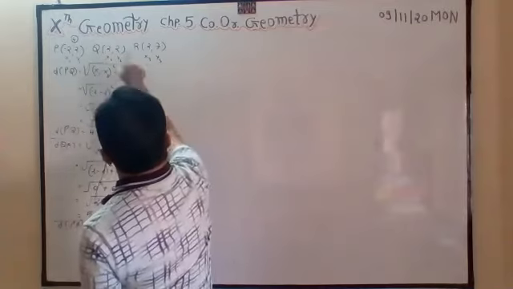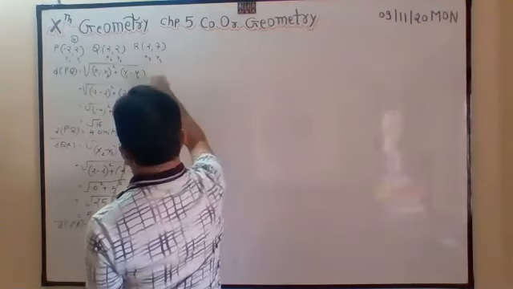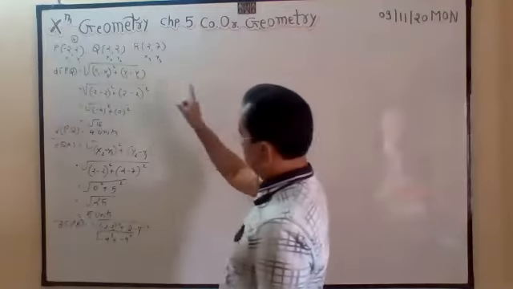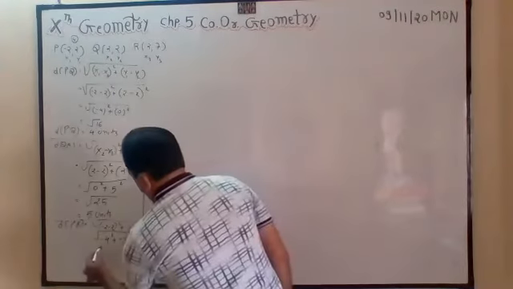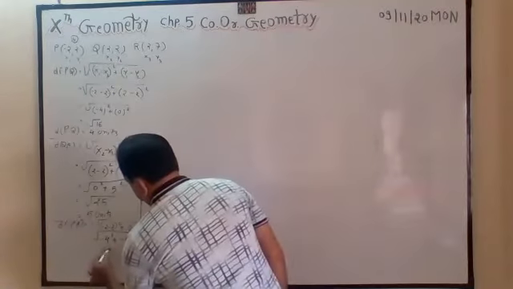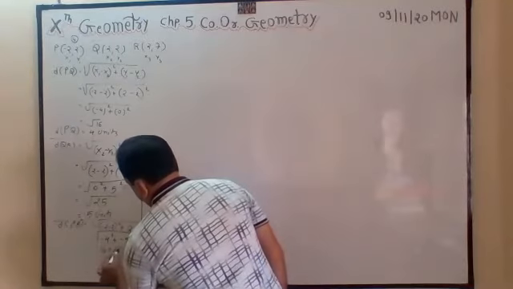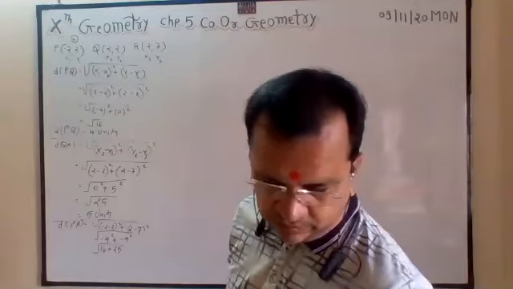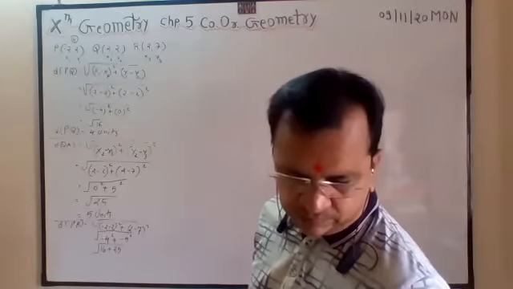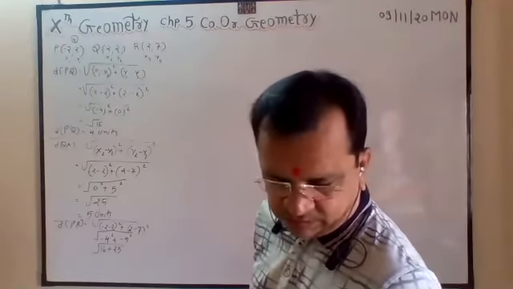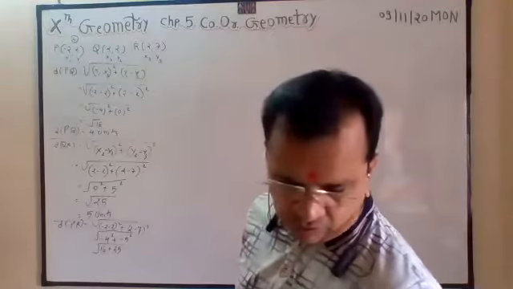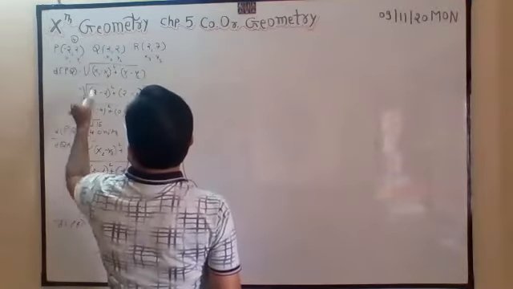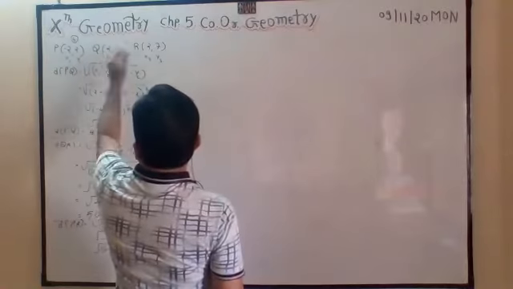This minus this 4, this minus this 0, this minus this 5, 5 fives are 25. Okay, so 4 fours are 16, 5 fives are 25.